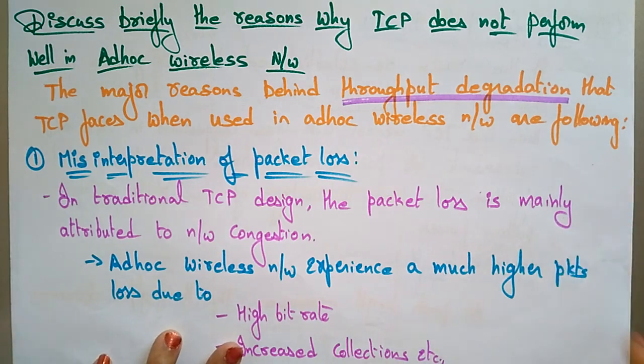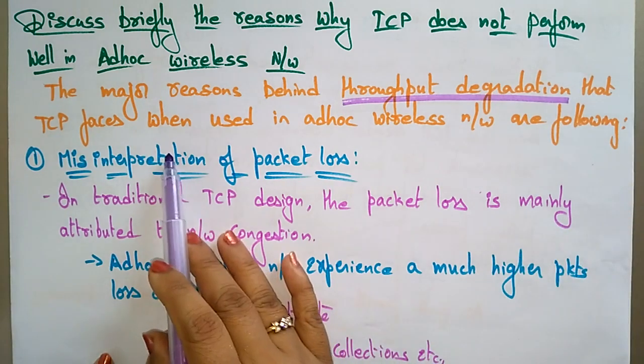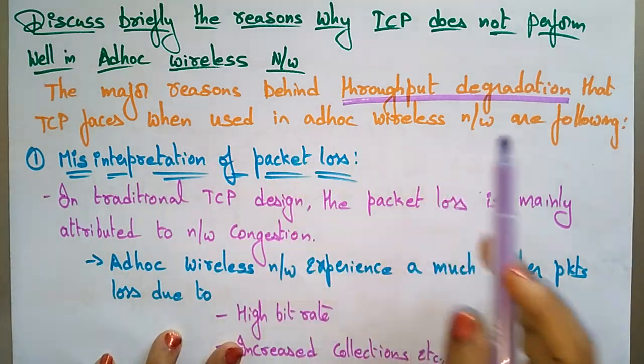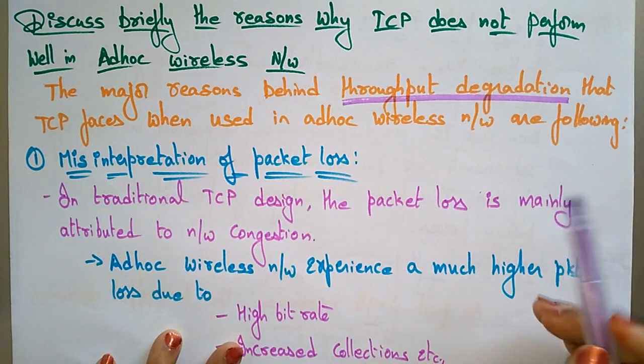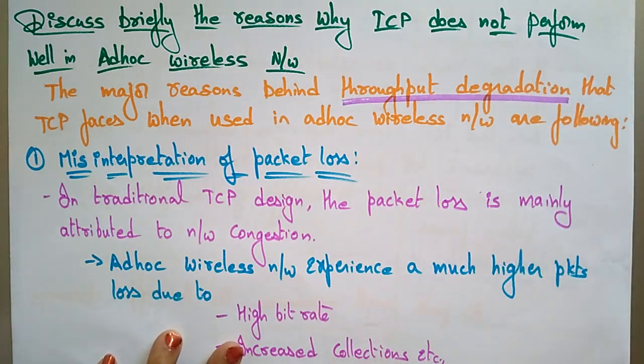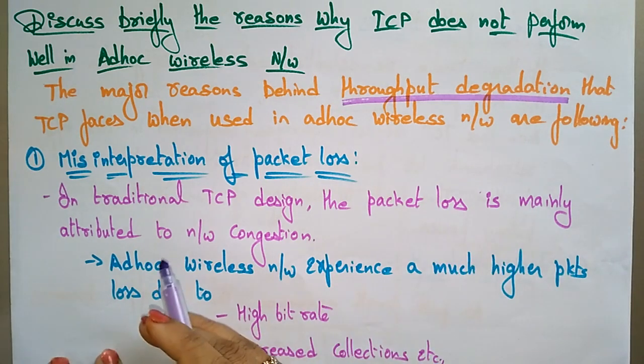So in ad hoc wireless networks, throughput degradation is faced by TCP. Now let's see some of the reasons why TCP does not perform well in ad hoc wireless networks.